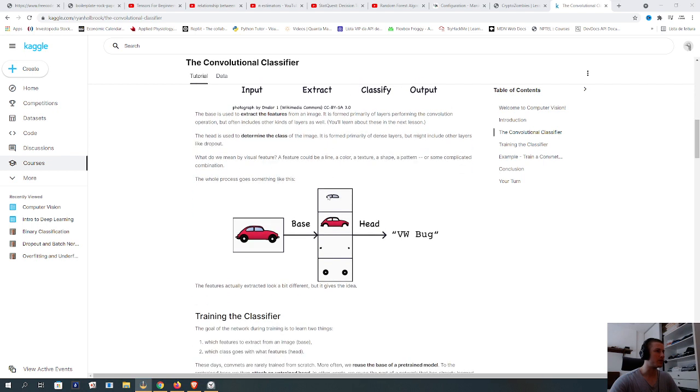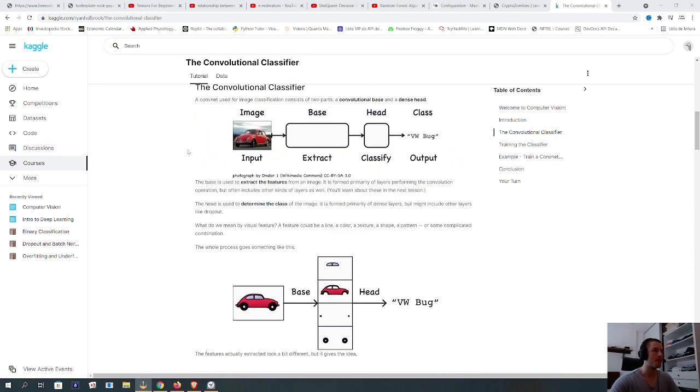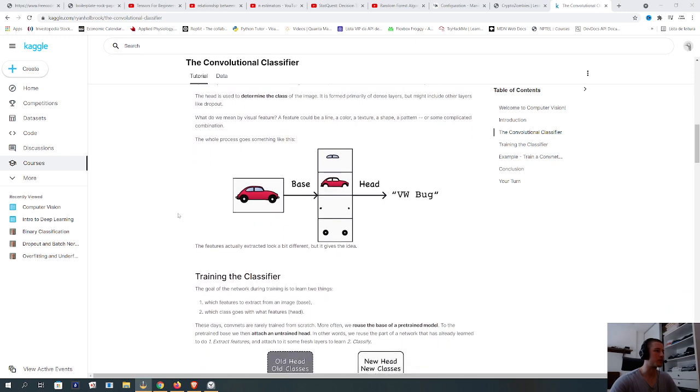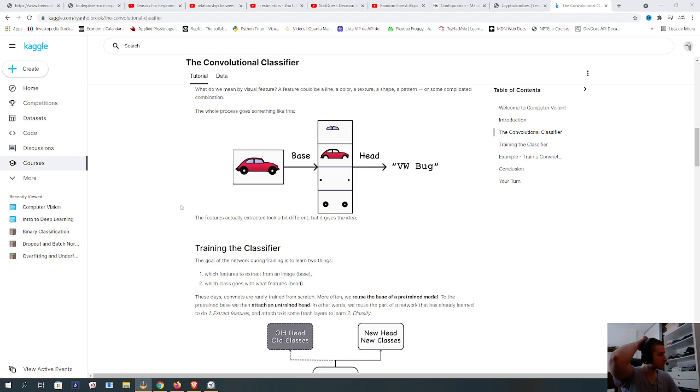The head is used to determine the class of the image. It is formed primarily of dense layers, but might include other layers like dropouts. What we mean by visual feature: a feature could be a line, a color, a texture, a shape, a pattern, or some complicated combination. The whole process goes something like this.